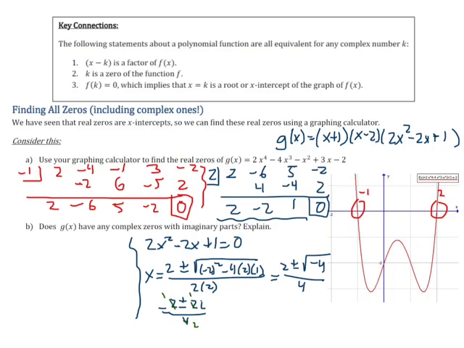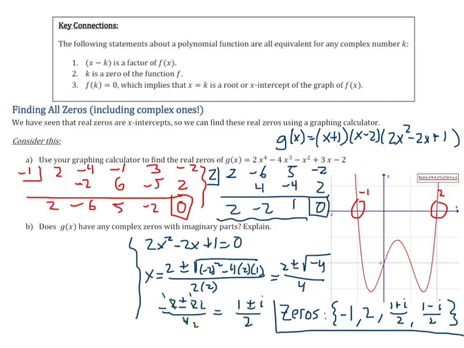Okay, so we end up with 1 plus or minus i over 2. Okay, and so our zeros are, we have negative 1, positive 2, those are our real zeros, and then 1 plus i over 2, and 1 minus i over 2. Okay, and there's our zeros.